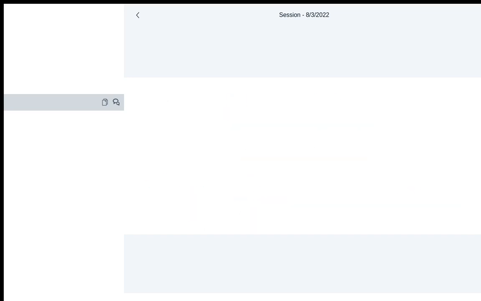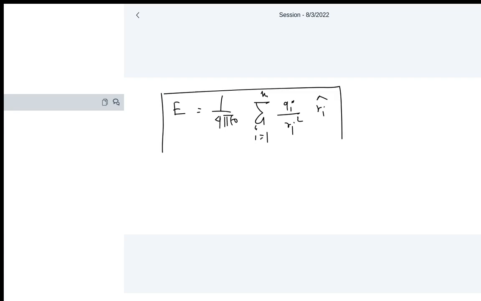So this is called the electric field. Finally, this is the electric field of a number of source charges, equal to 1 upon 4 pi epsilon naught summation i from 1 to N of Qi upon Ri square Ri cap. This is the expression of the electric field of the source charges.